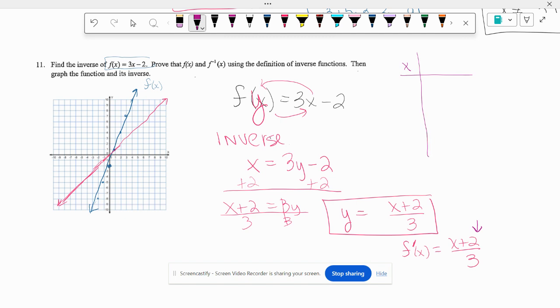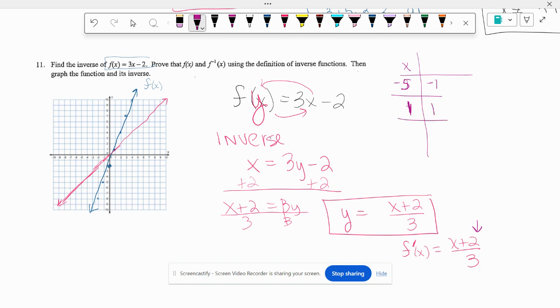If I let x equal negative 5, negative 5 plus 2 is negative 3, divided by 3 is negative 1. If I let x equal 1, 1 plus 2 is 3, divided by 3 is 1.